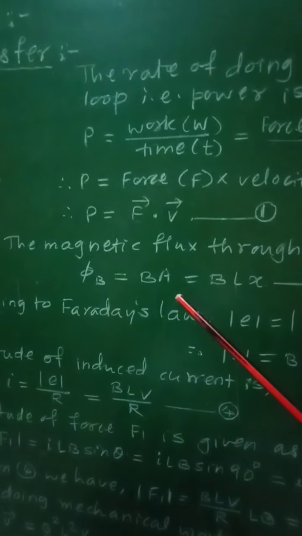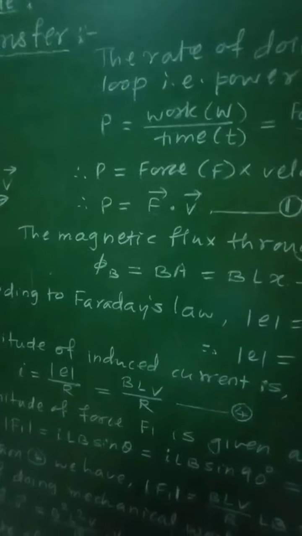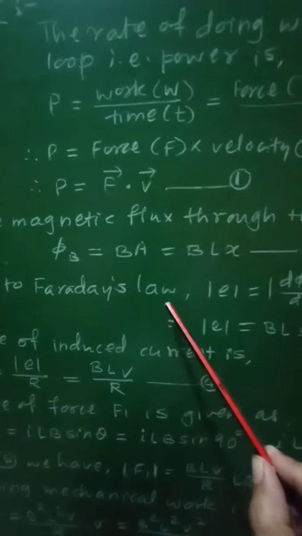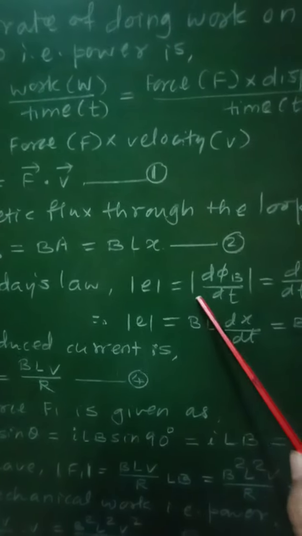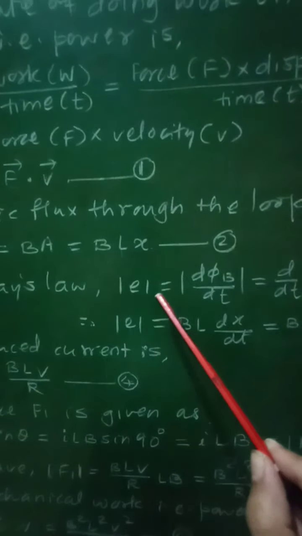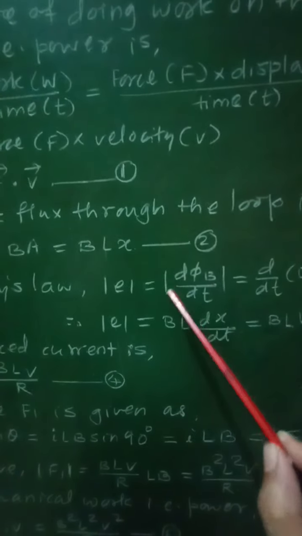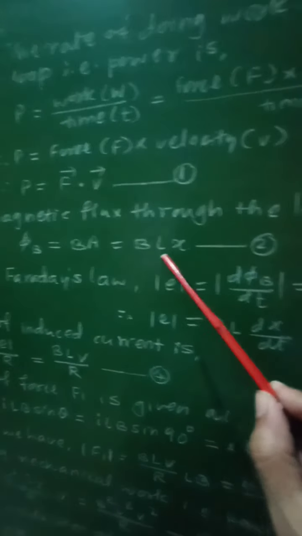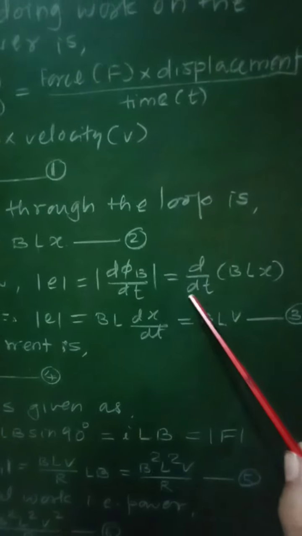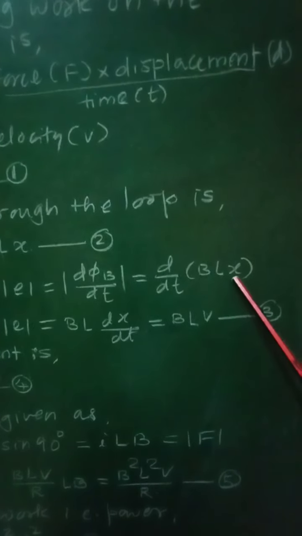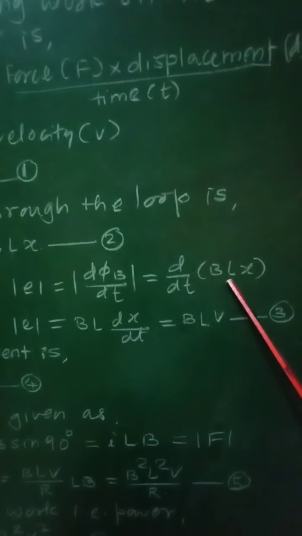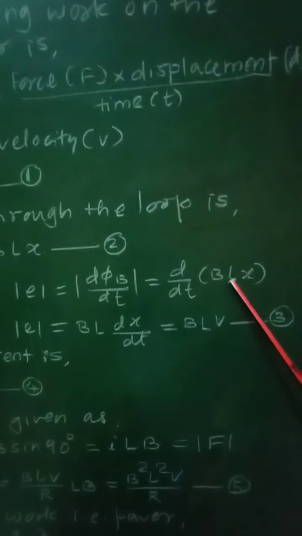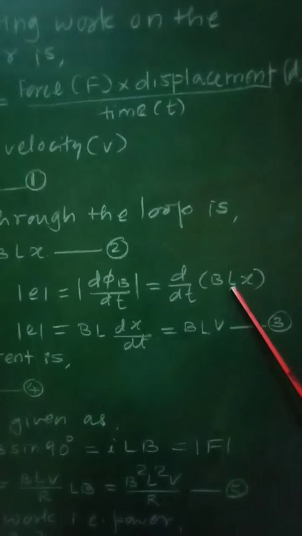as x decreases, the magnetic flux through that loop, phi B, will also decrease. According to Faraday's law, E equal to minus d phi by dt, here we will consider only the magnitude. So the magnitude of induced EMF E is equal to the magnitude of d phi B by dt, which is d by dt of BLx. B and L are both constant, because the magnetic field is uniform, and the breadth of this rectangular loop, L, is constant.